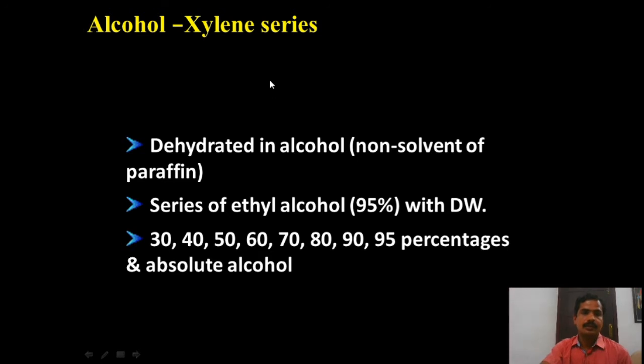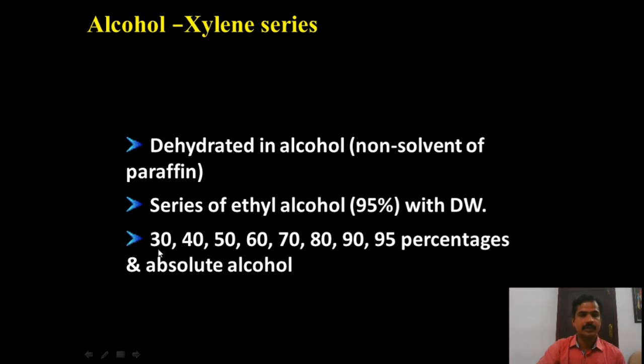We will discuss now the alcohol xylene series for infiltration in the paraffin method. As said earlier, there are two methods: the alcohol xylene series and the TBA series. First, the specimen is dehydrated in alcohol, which is a non-solvent of paraffin, and dehydration can be done using a series of ethyl alcohol with distilled water.